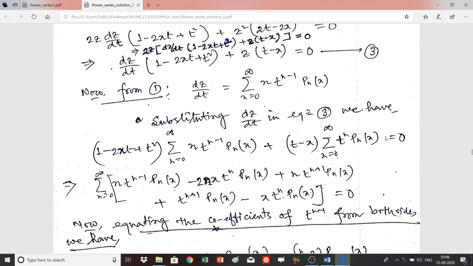Plus from this term, multiply t with the first, so t to the power n plus 1 Pn(x), minus x into t to the power n Pn(x), that is equal to 0.